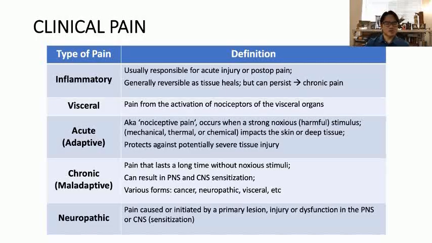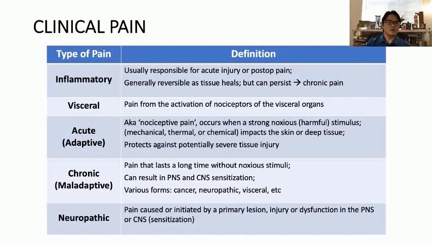As opposed to chronic pain or maladaptive pain, this is the type of pain that lasts a long time without a noxious stimulus, and it does not serve as a protection to the body. It can result in peripheral nerve or central nervous system sensitization.